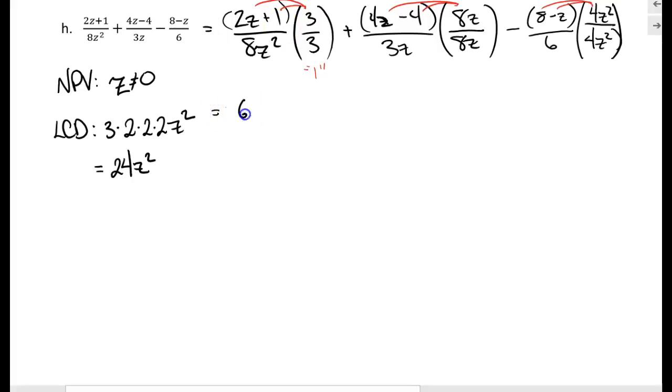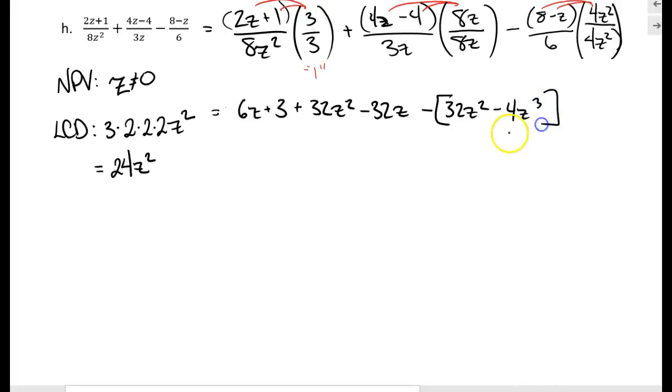So I get 6z plus 3 plus 32z squared minus 32z minus 32z squared minus 4z cubed all over 24z squared. Okay, well, we need to simplify this.